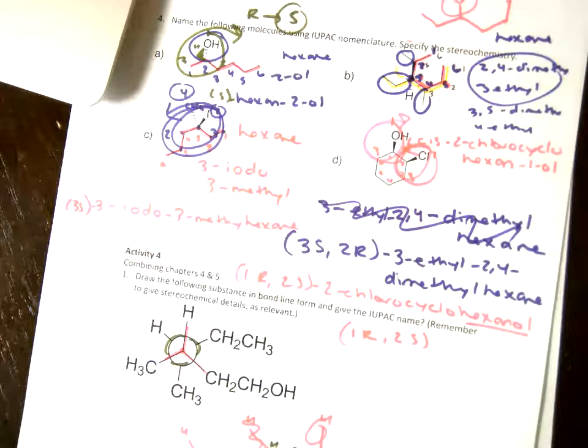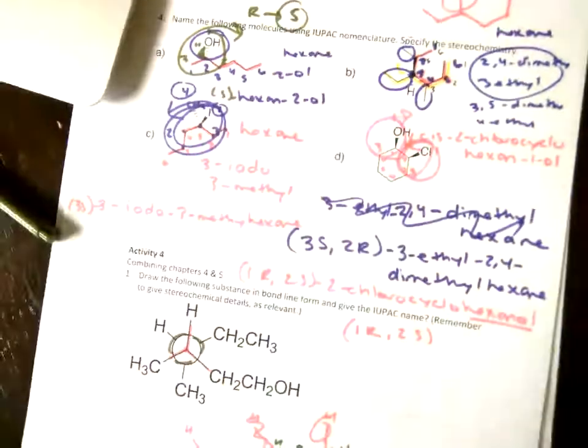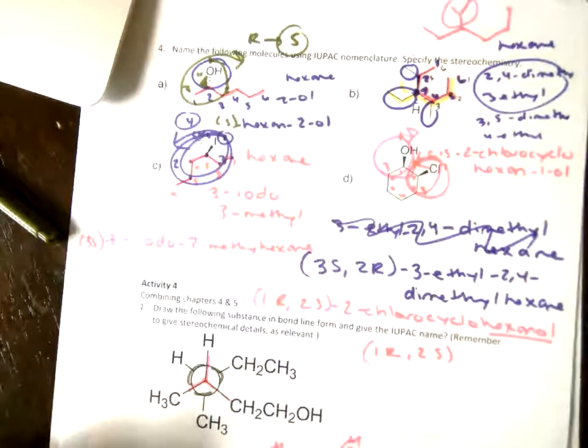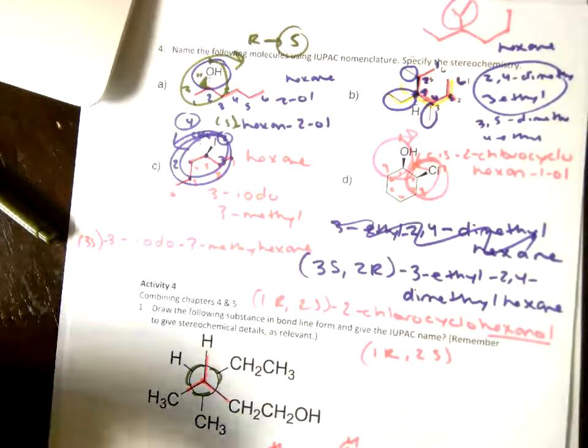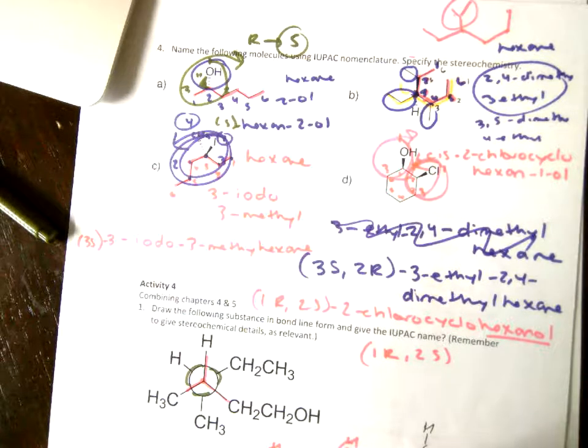Okay, so now before I do anything, I'm going to stop and make sure that I drew this right. I'm going to use this bond line formula and make sure that I can recreate the Newman projection. So if I'm looking at it from this angle, I have a hydrogen that's in the plane of the page, a CH3 here, and a CH2, CH2OH.